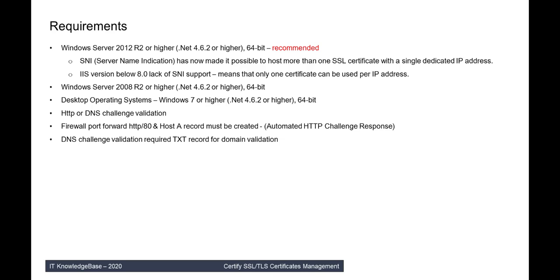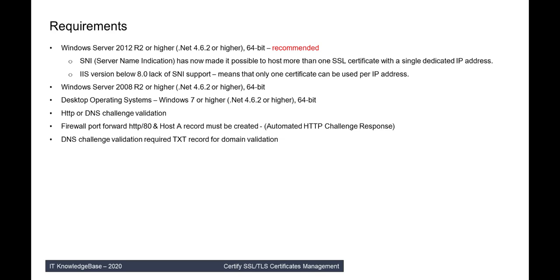My recommendation is to use Server 2012 R2 at least, and newer is always recommended. However, you can still use Server 2008 R2 and Windows 7, but you have to keep in mind that only one certificate you can use on single IP address. You have two options to validate your certificate for your domain: HTTP or DNS.